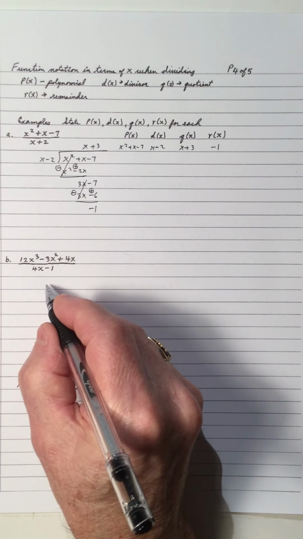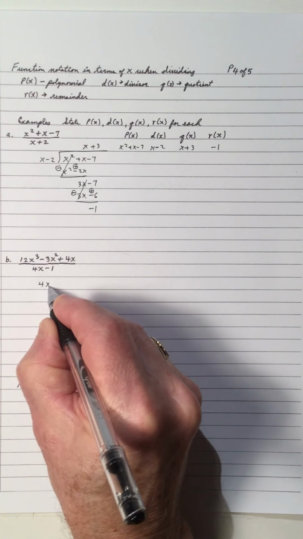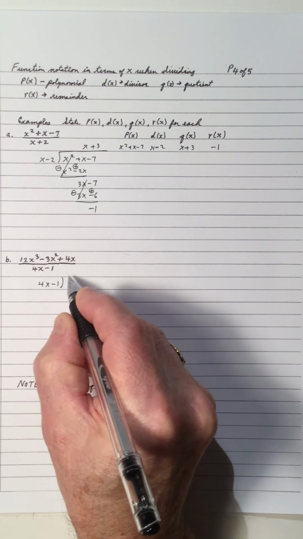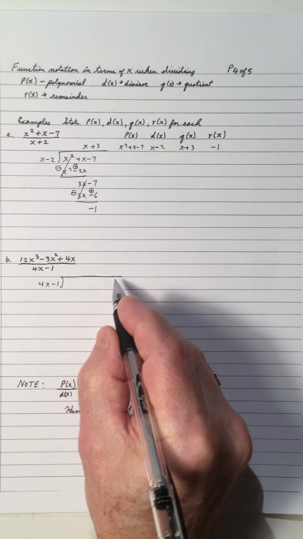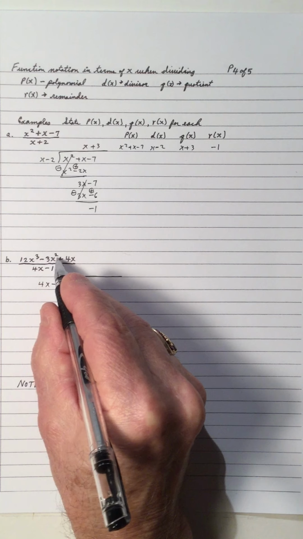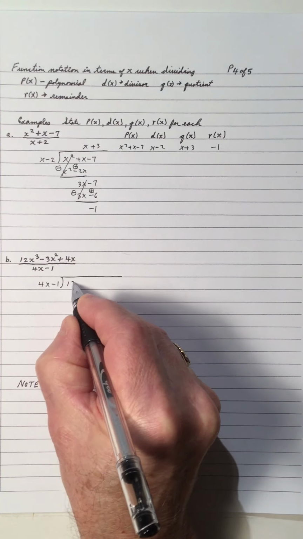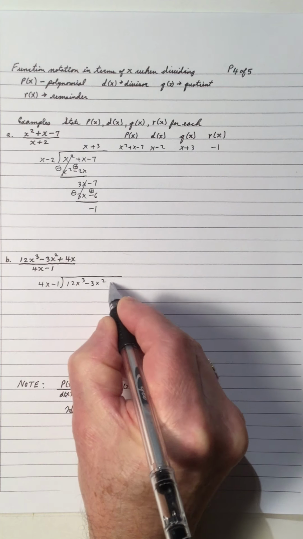And right here we have 4x minus 1, and we're dividing. So we have descending order, 3, 2, 1, perfect. 12x cubed minus 3x squared plus.